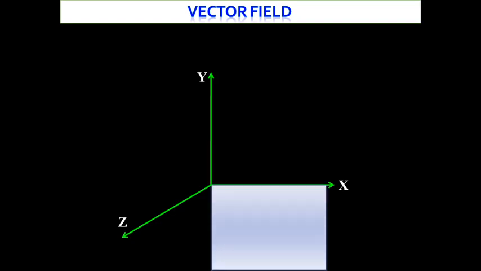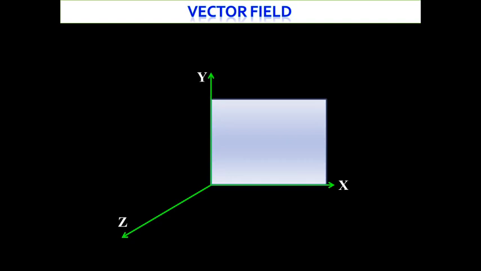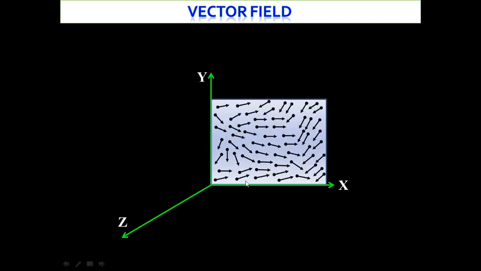So we will understand pictorially. Suppose this is the space with coordinates x, y, z, and this is a region of space. Inside this region of space, various vector quantities are there. Vector quantities can be represented by a point and an arrow. The arrow represents the direction of that physical quantity.